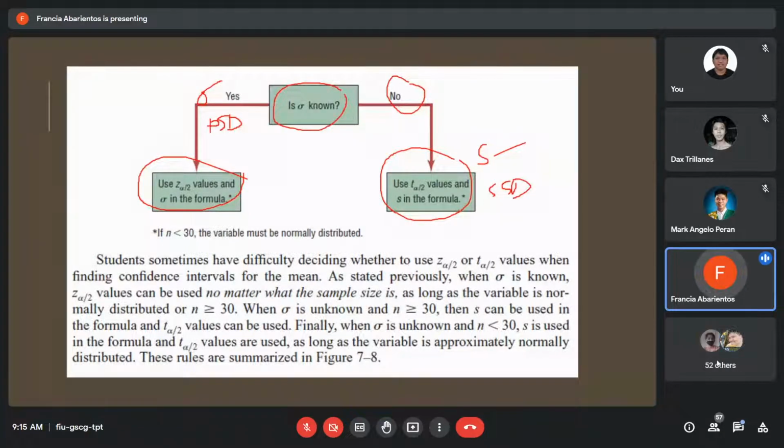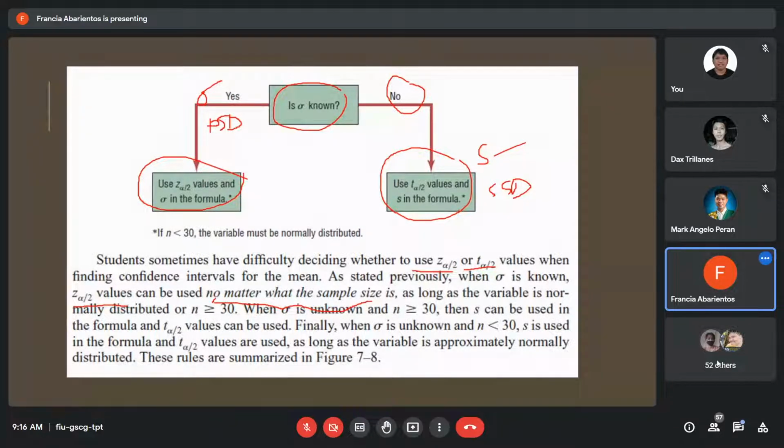So students sometimes have difficulty deciding whether to use the z-test or the t-test values if given sa atin yung confidence interval for the mean. So sabi ko nga, when the population standard deviation is known, we make use of the z-test, no matter what the sample size is.